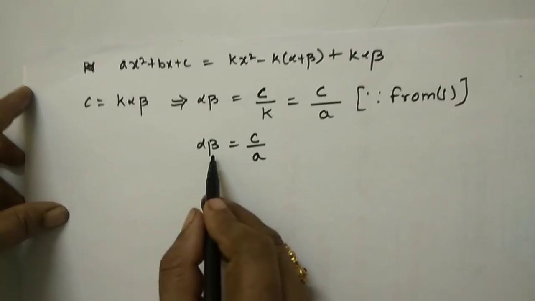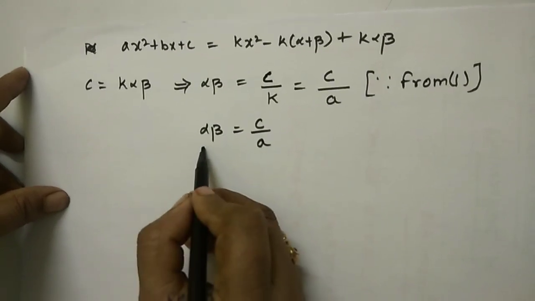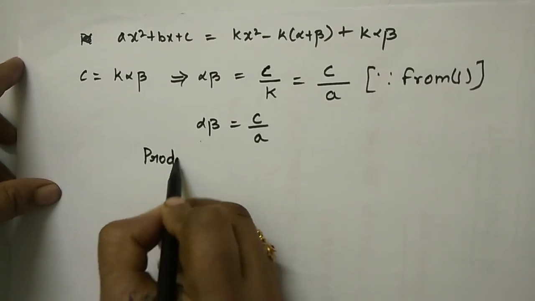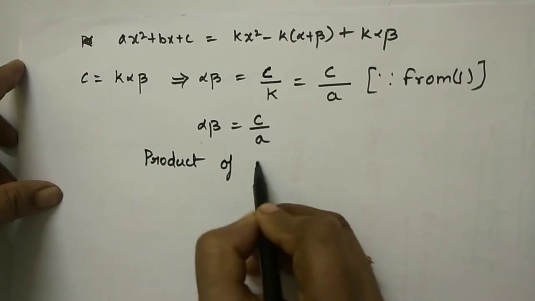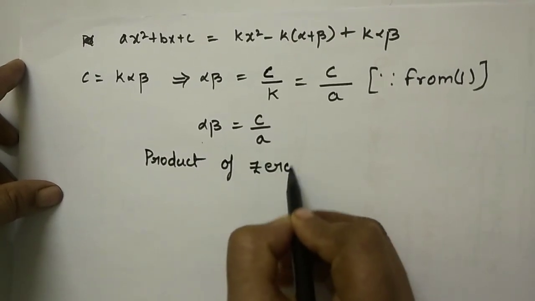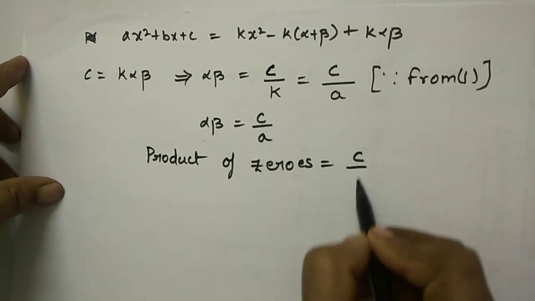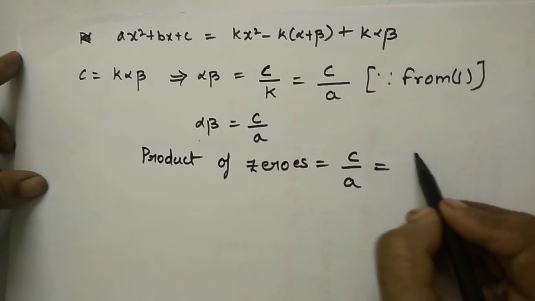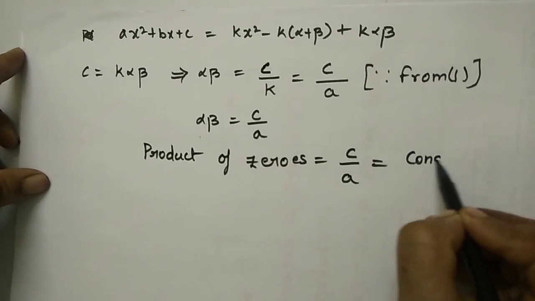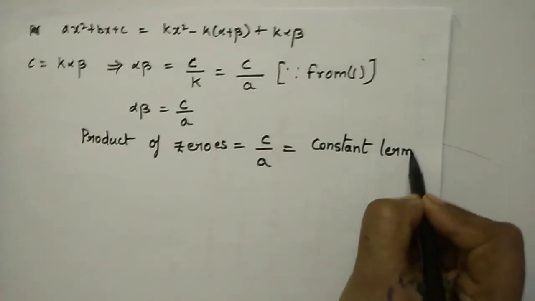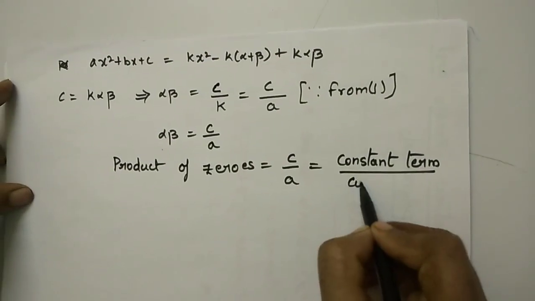Alpha is a zero and beta is another zero. So we can term it as product of zeros equal to c by a. C is nothing but the constant term. A is nothing but the coefficient of x square.